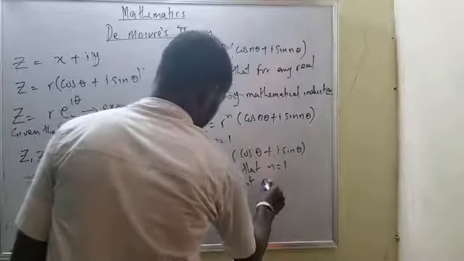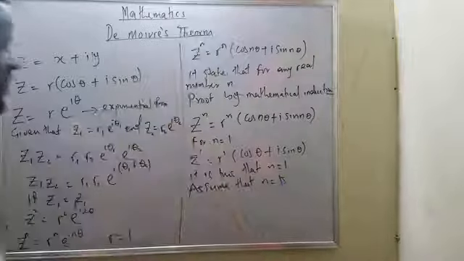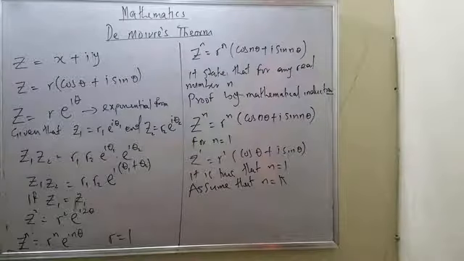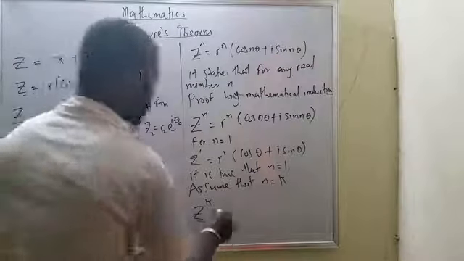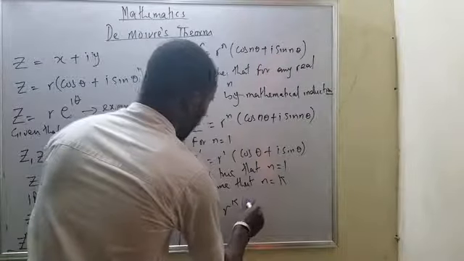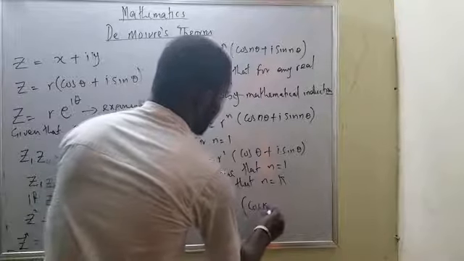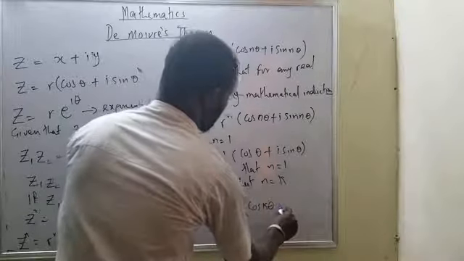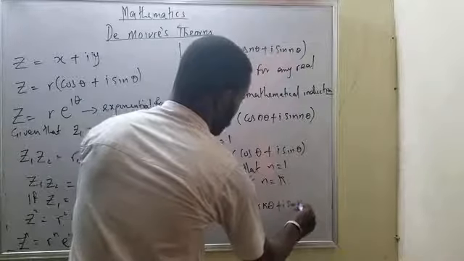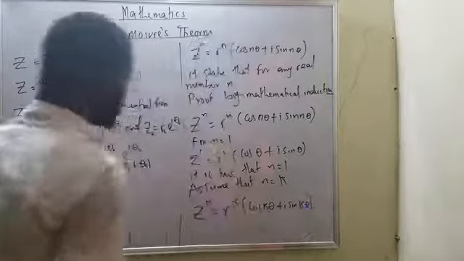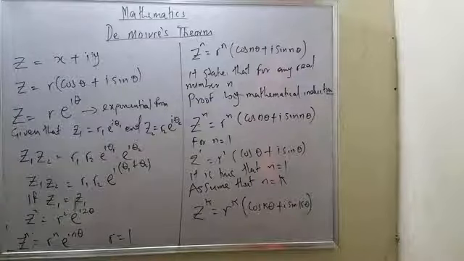that n equals k. My assumption for n equals k means I'll have z^k equals r^k (cos kθ + i sin kθ). At this point, I have nothing else.